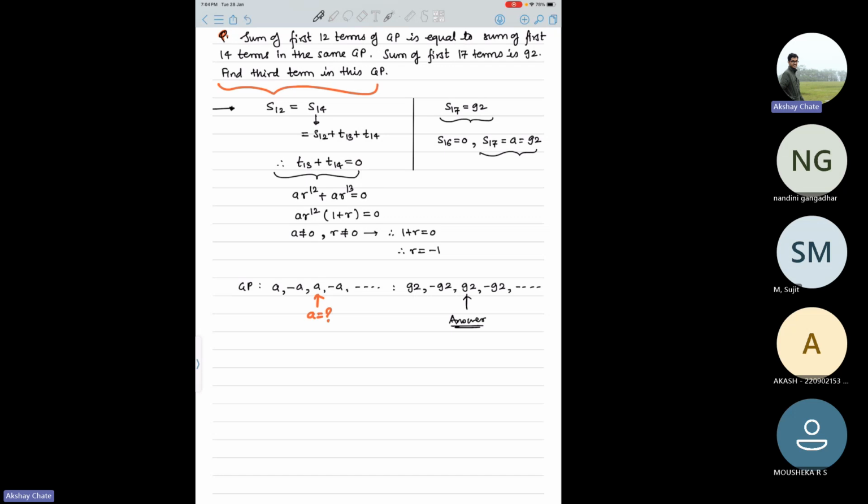This was one GP which is oscillating between the same values of 92 and minus 92. So you should be careful. If you don't infer these things, it is very difficult to solve these kinds of questions just based on the formula. I hope you get the point.